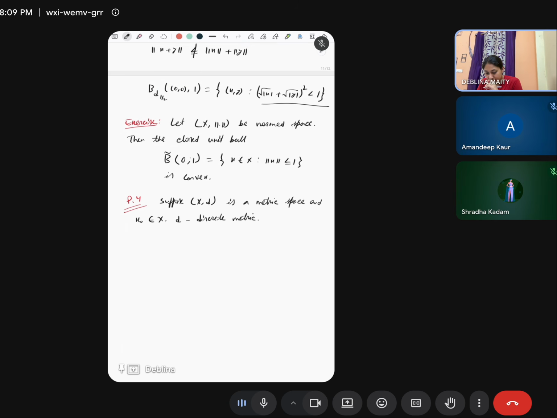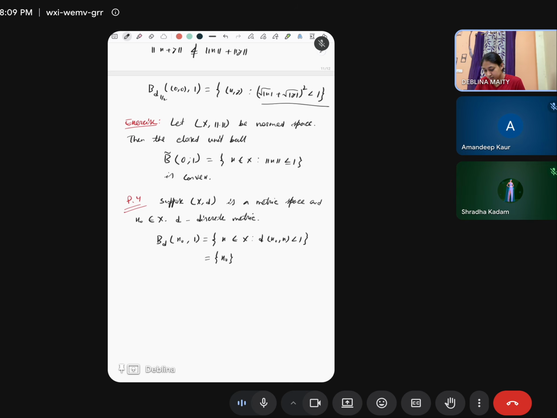So what is the open unit ball here? B_d(x naught, 1) is all those x belonging to X such that d(x naught, x) is less than 1, right? And in the discrete metric the distance is either 0 or 1. So less than 1 means it has to be only x naught. So the open unit ball with respect to x naught is only x naught.